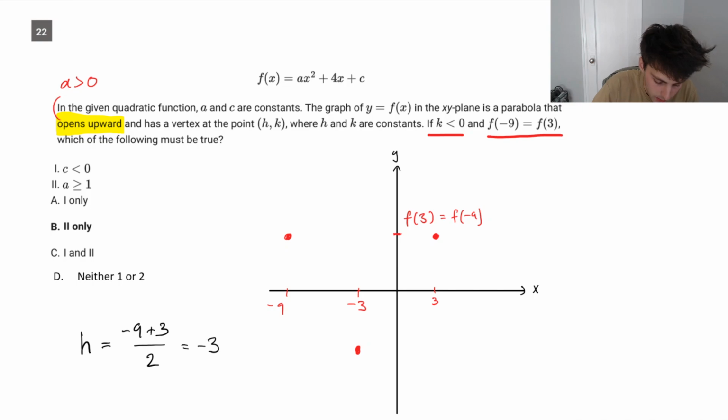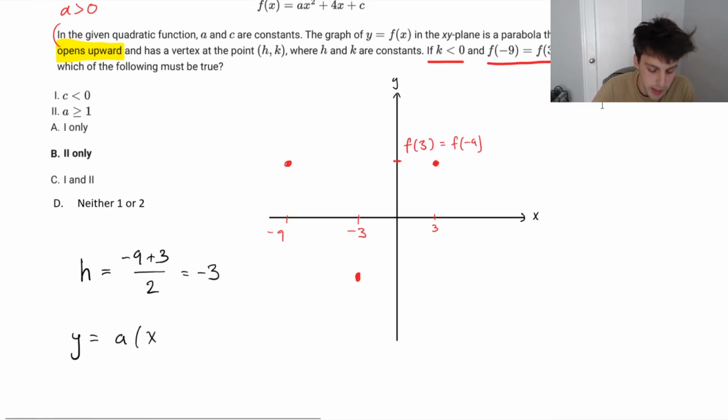Okay, we know that in vertex form, our quadratic is going to take the form of a times (x minus h) squared plus k. We know h is -3, right? If we know that h is -3, then it's going to be (x plus 3) squared plus k.